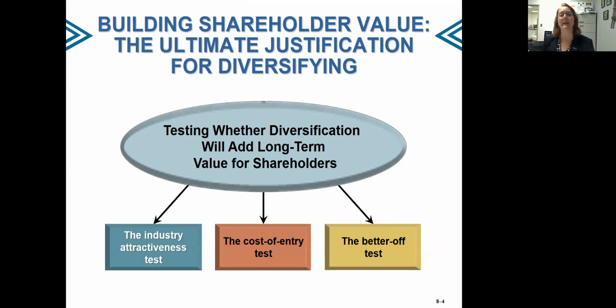If that industry is big enough and very attractive and you know that you could enter it and be profitable very quickly, it's an advantage to your shareholders. 2, if the cost of entry into that new business is low, then again, it's not going to cost that much. It will be an advantage to the shareholders. And 3rd, the better-off test. Will the company be better off because of this diversification?